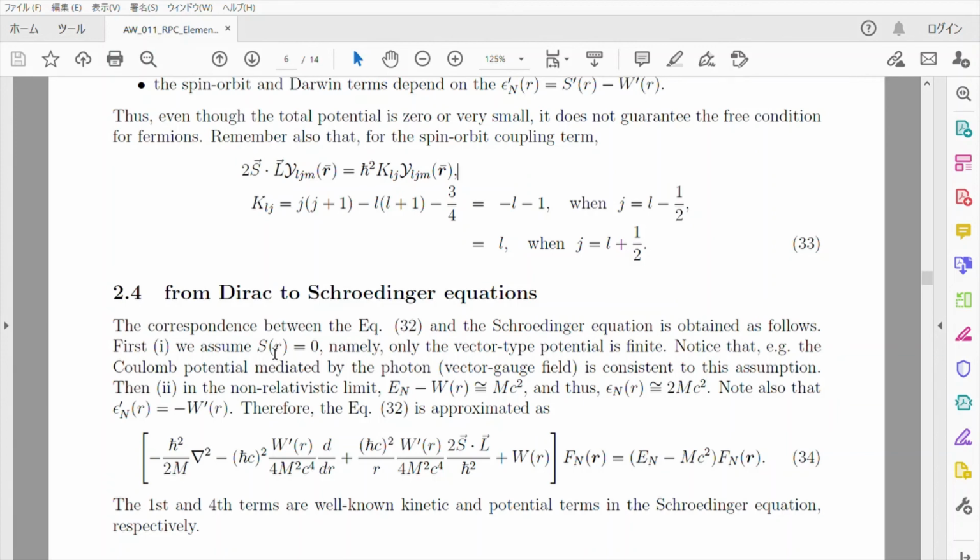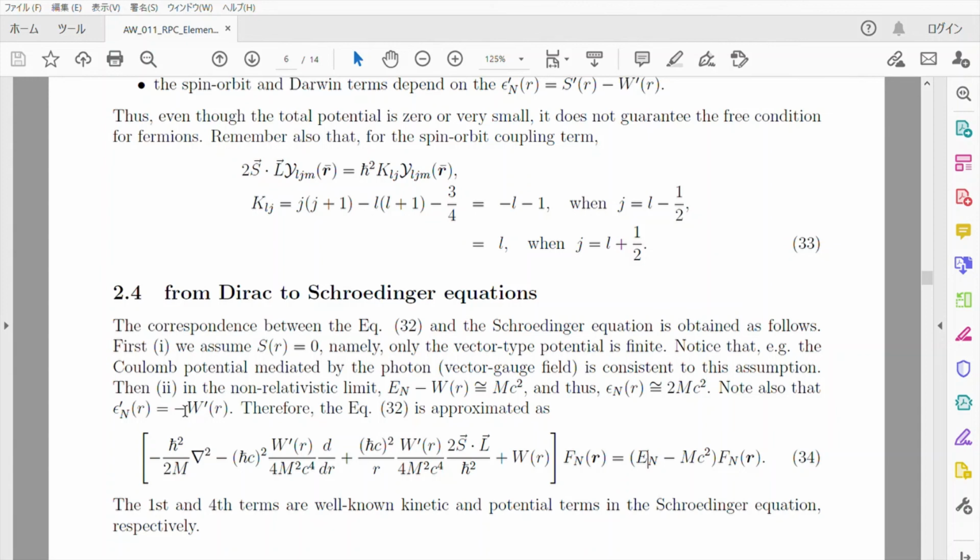Second, in the non-relativistic limit, En minus the potential is simply approximated as mass times c squared, and thus epsilon n is just 2 times mass times c squared. And of course, epsilon prime is simply W prime.